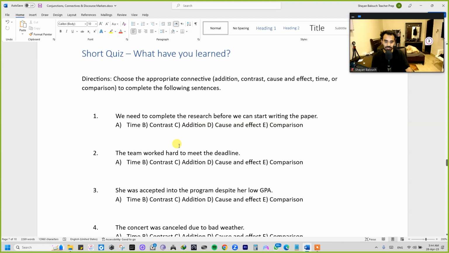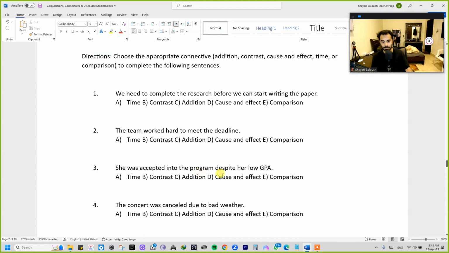Now here, first identify the connective over here, then try to answer whether that is related to comparison, cause and effect, addition, contrast, or time. Number 2, the team worked hard to meet the deadline.